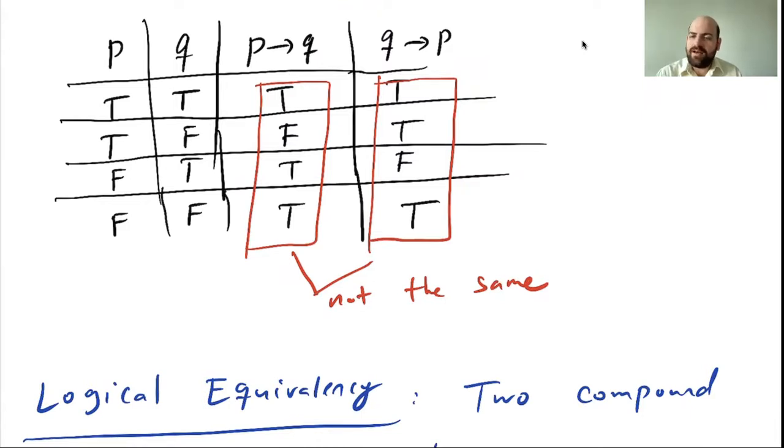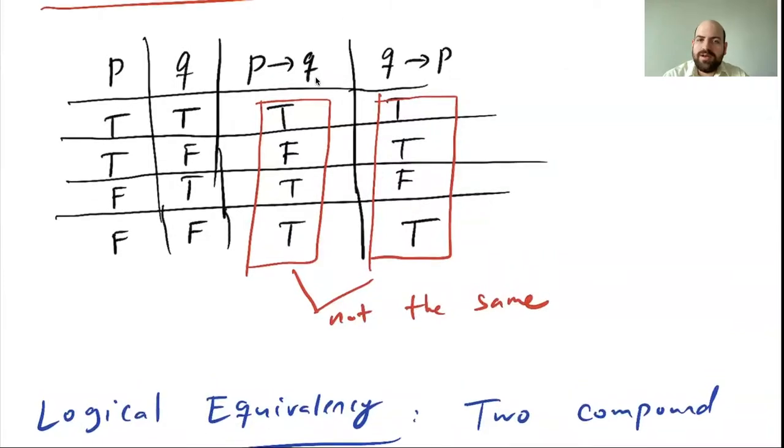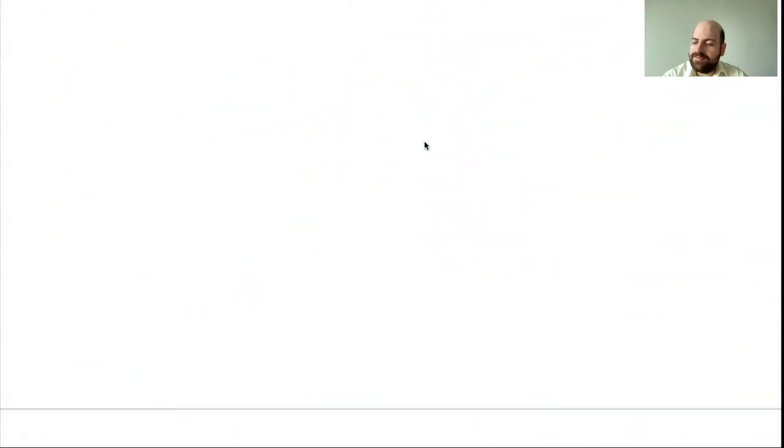If the columns are exactly the same for each row, then they are equivalent. If they are not the same, even at one row, then they are not equivalent. So in this case, the first and fourth rows are the same, but the second and third rows are not the same, for the compound propositions P implies Q and Q implies P. Therefore, these two are not logically equivalent.